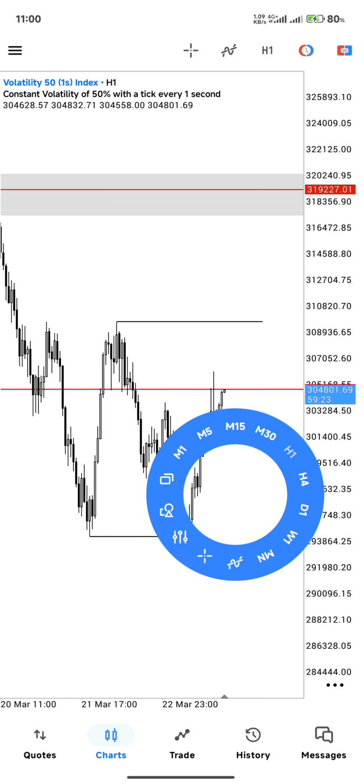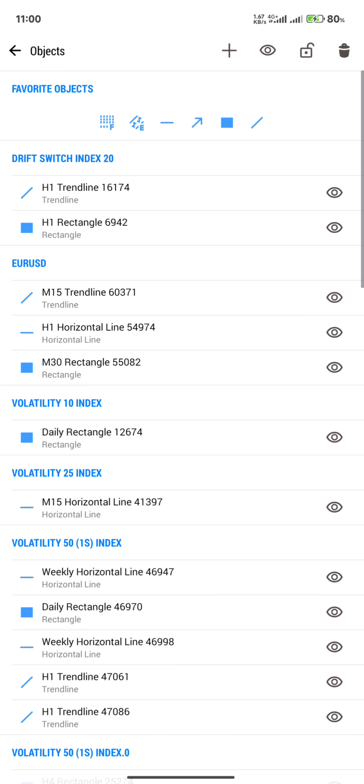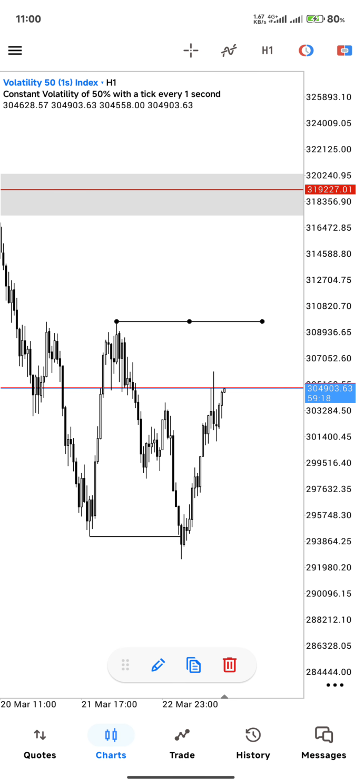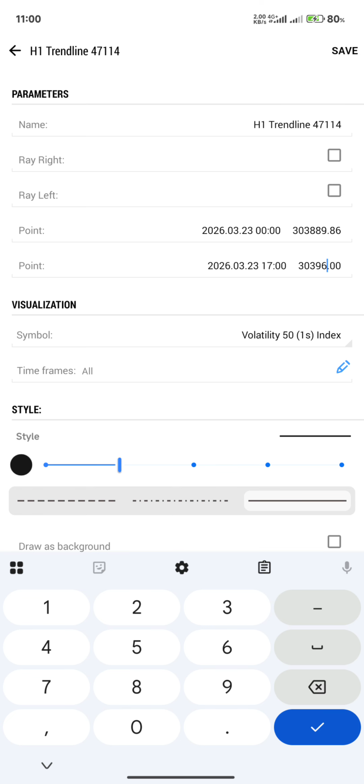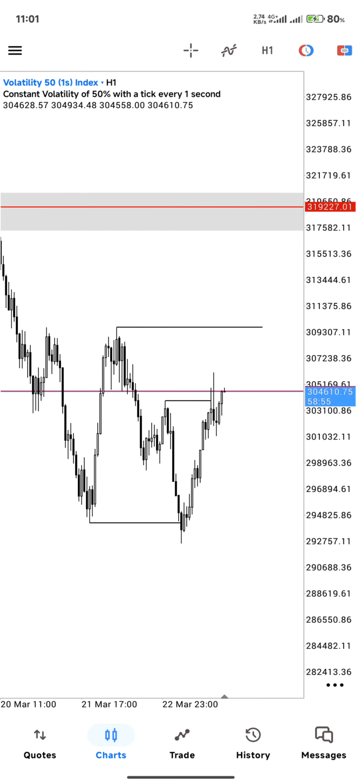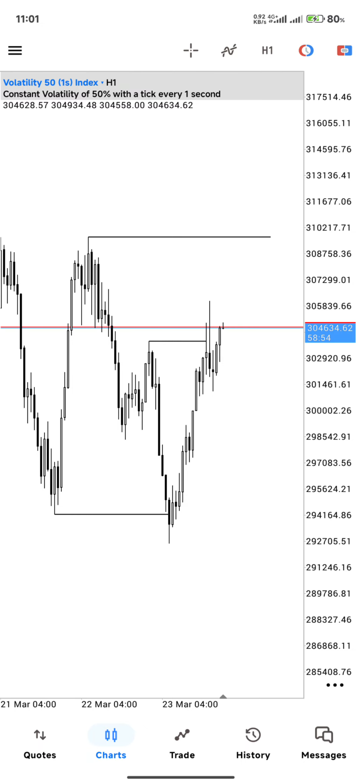Now we have an internal range liquidity right here. As you can see, it has already been purged. When I say purged, price has swept it out. So we can call that a mini break of structure.